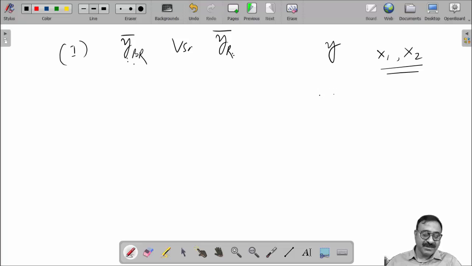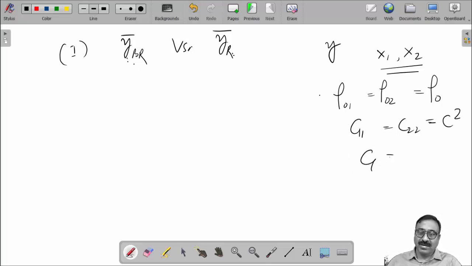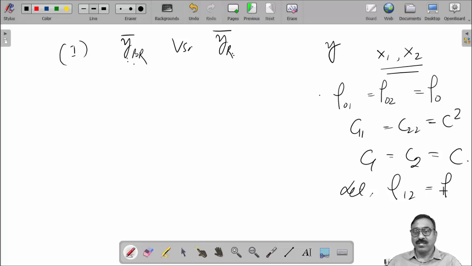So we have the assumption rho 01 equal to rho 02, equal to rho 0, and C11 equal to C22 equal to C square, that is C1 equal to C2 equal to C, and let rho 12 equal to rho. Correlation between the two auxiliary variables is rho.